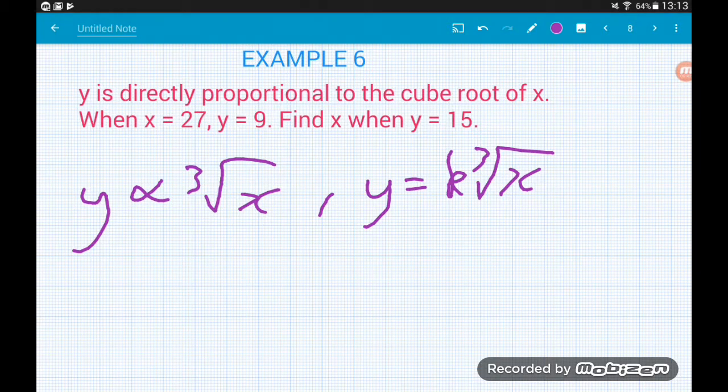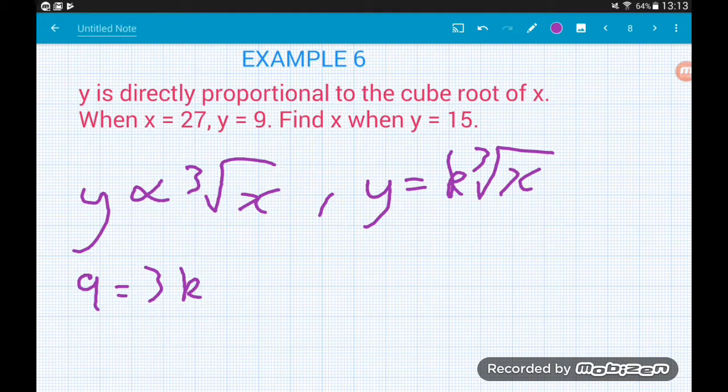So when x equals 27, y equals 9. Substitute those values in, we would get 9 equals... Now the cube root of 27 is 3, because 3 times 3 times 3 equals 27. So when x equals 27, we get on the right hand side 3k.